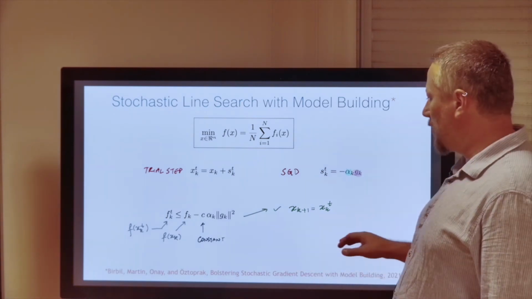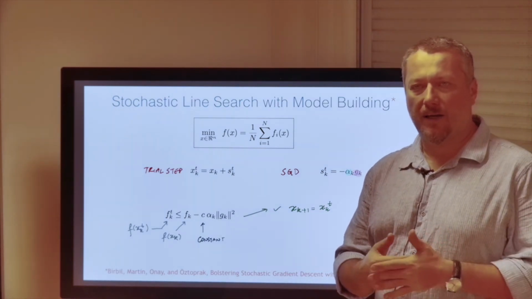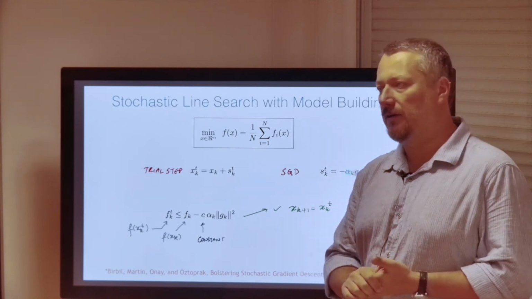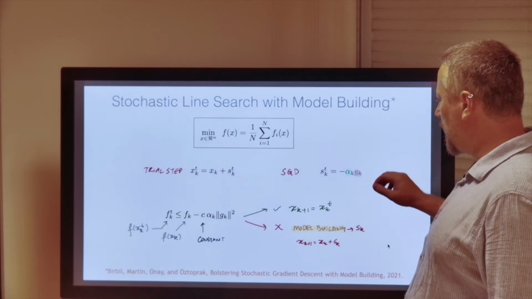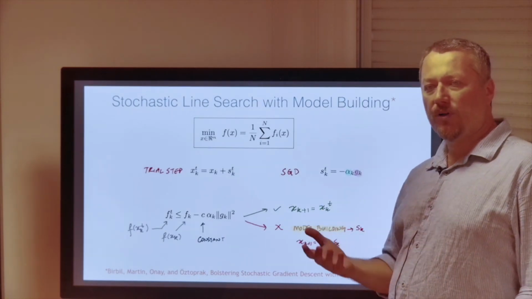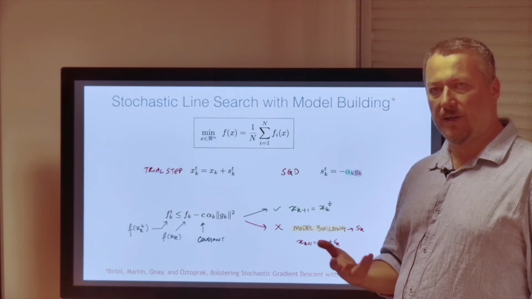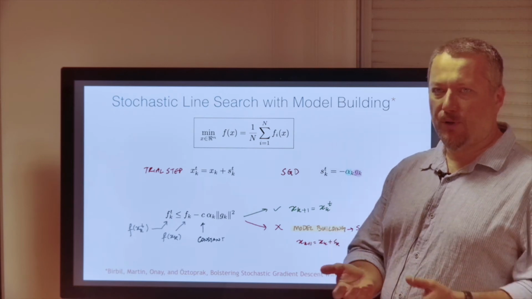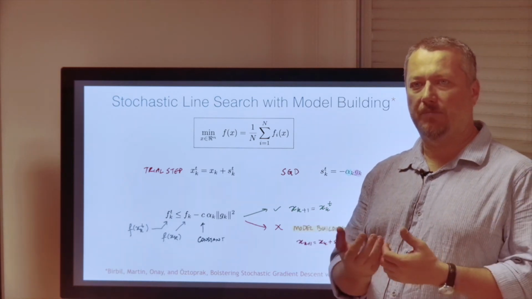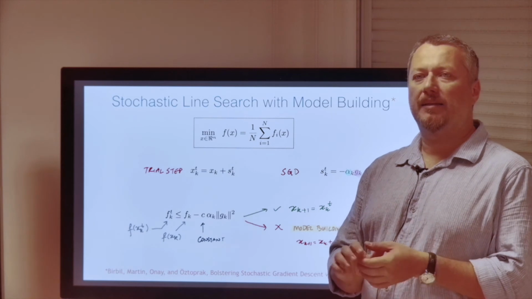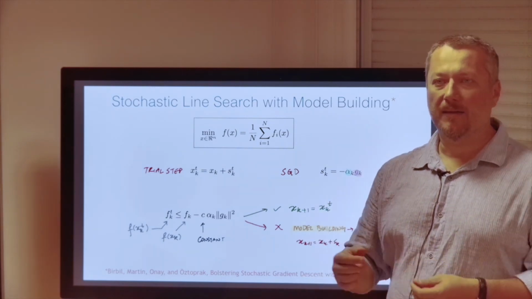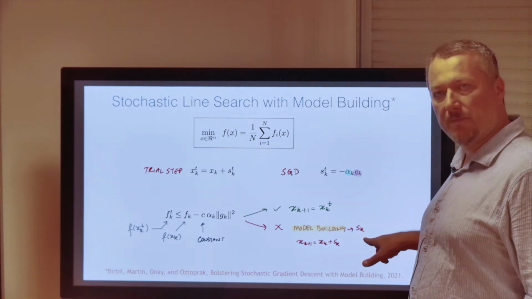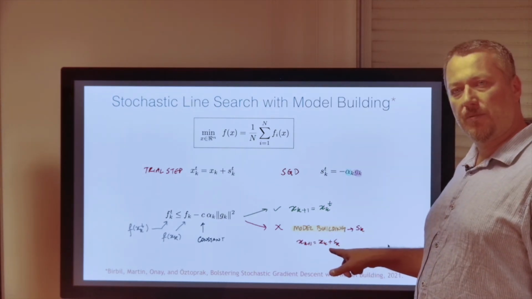And if the condition is not satisfied, this time we are not going to do backtracking or Armijo line search. What we are going to do is build a model around these points which approximates the function. It's a quadratic model. Then we calculate its minimum, the step which reaches its minimum, and use that step to move to the next point.